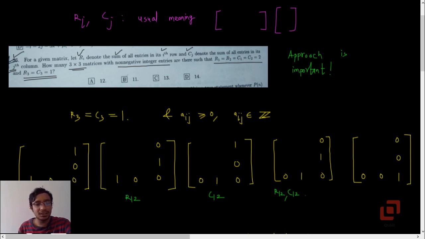But as far as this problem is concerned, they are not calling Ri and Cj the rows. In fact they are calling these the sum of all entries in the respective row or respective column. So the usual meaning is that these are row vectors or column vectors, but here they are numbers or scalars. Okay, that is the first thing that you should understand.